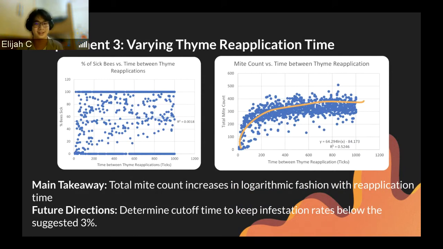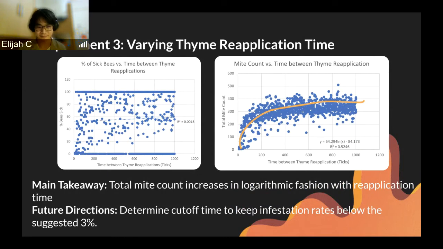But as you can see on the right graph, we were able to fit somewhat of a logarithmic model to it, and here's a rough curve for you just to make it a little clear about what we're referring to as the logarithmic model. What we found through this experiment was that the more time you put in between reapplication of this oil, the more the mite count increases over time.